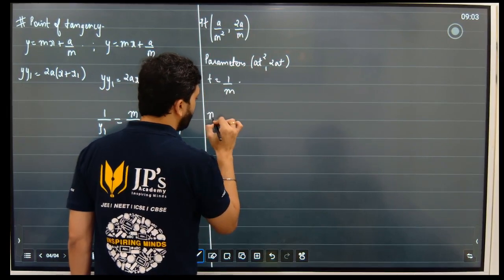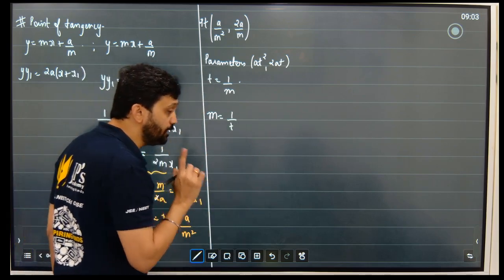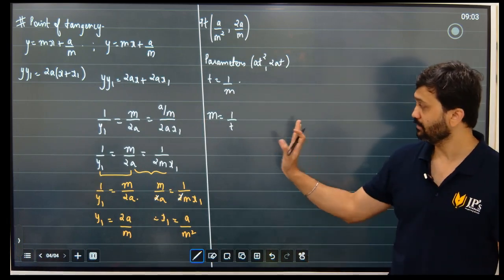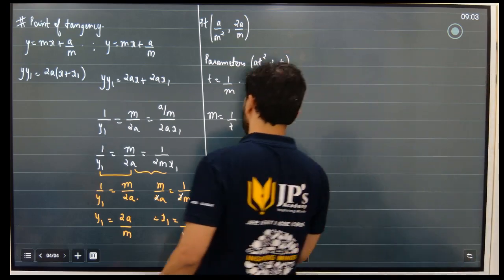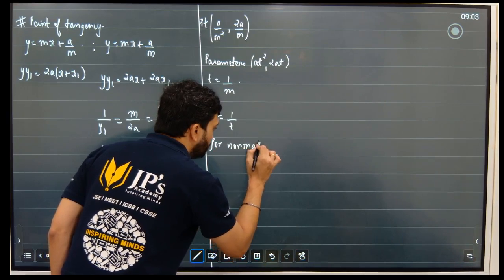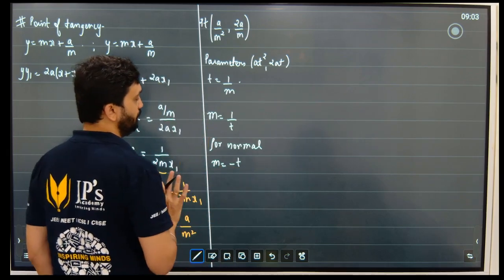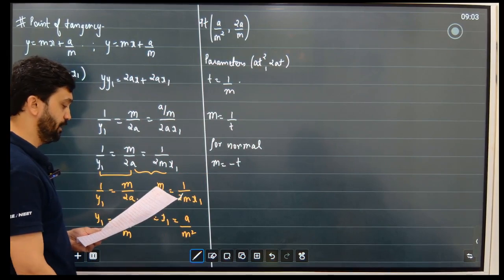In other words, m is equal to 1 by t. This is for a tangent. For normal, m will become minus t. Yes, in the last lecture only we did m is equal to minus t.